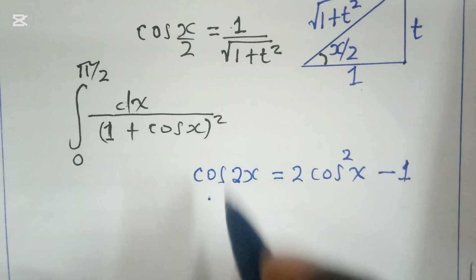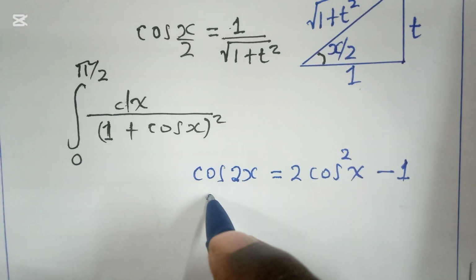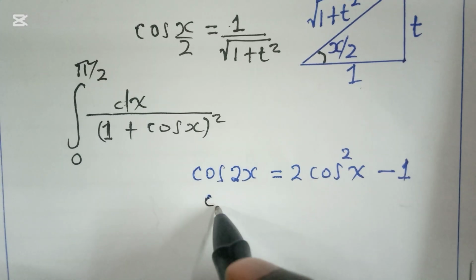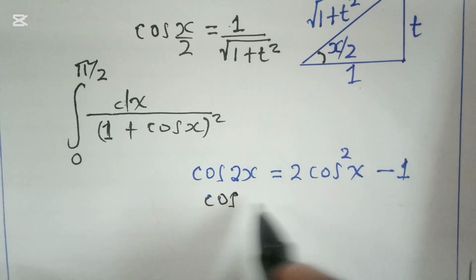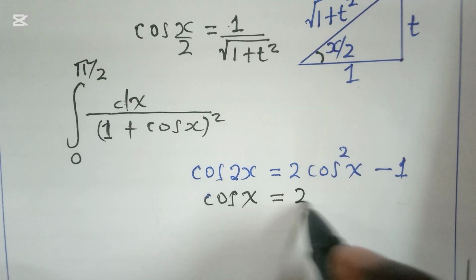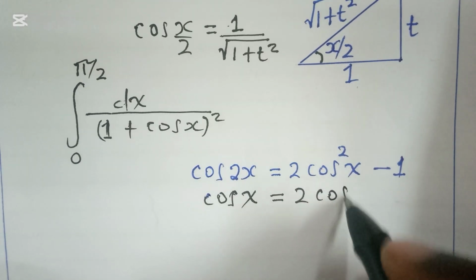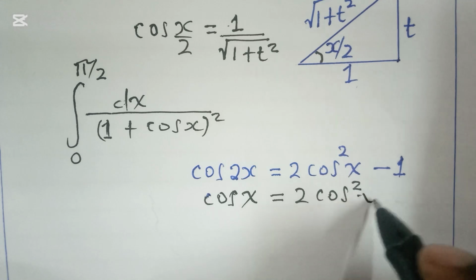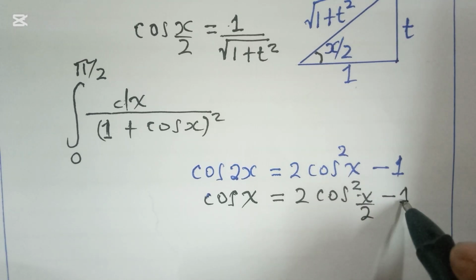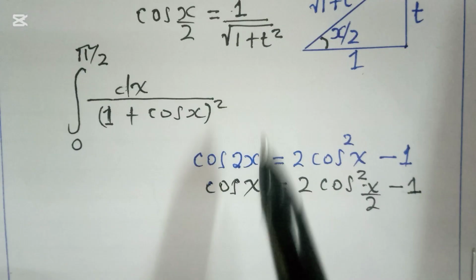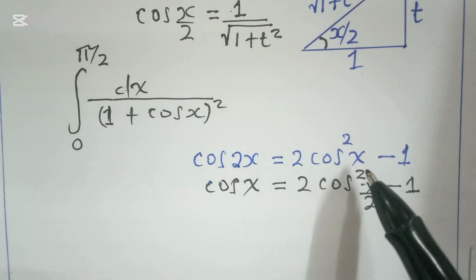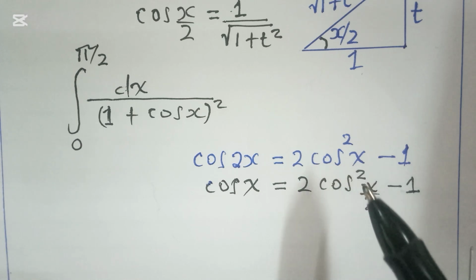For us we have cos x, so cos x is now going to be equal to 2 cos squared x over 2 minus 1. So what I have changed is the value of this. Now it is a half, so even this one is also going to be a half.